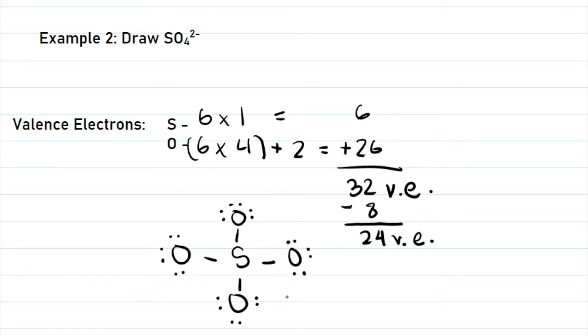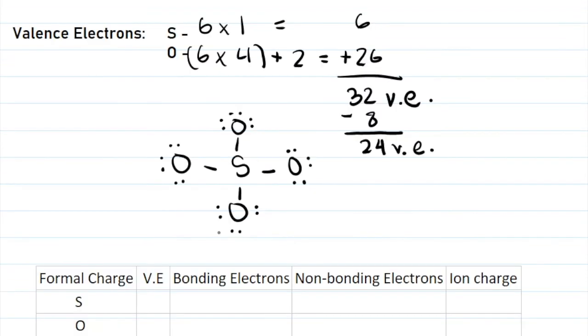However, because this is an ion, the diagram is not fully done yet. If you look at the octet rule, because sulfur comes after period 2, it can have more than 8 valence electrons. So now we're going to look at our formal charges for sulfate. For sulfur, the valence electrons is 6. Same for oxygen.